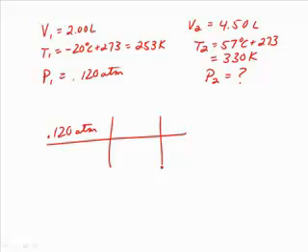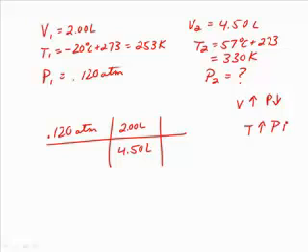Two things are changing. Okay, let's look at them separately. My volume is increasing, and in response, my pressure will decrease. So I want 2 liters over 4.5 liters there. My temperature is increasing, and in response my pressure will increase. So I want 330 Kelvin over 253 Kelvin.